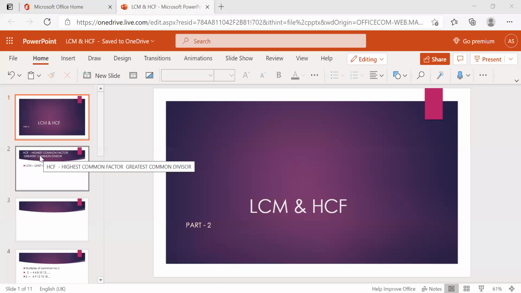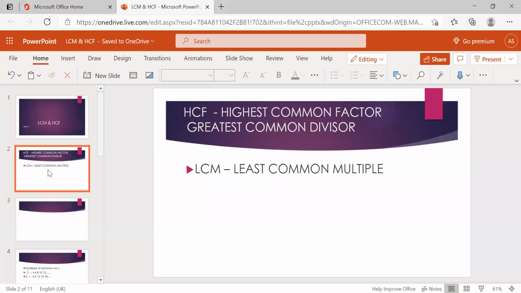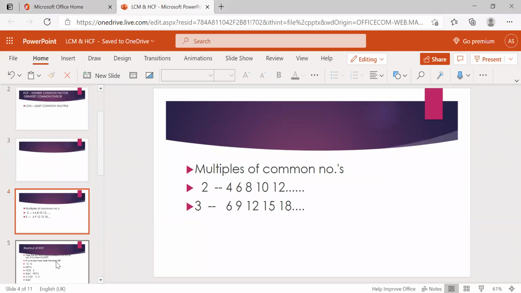And first, a revision of yesterday's class. What we saw in yesterday's class is what HCF is and what LCM is. Common multiples are nothing but multiples of common numbers, as in the examples here. Here we get to know that 6 is a common multiple of both 2 and 3.